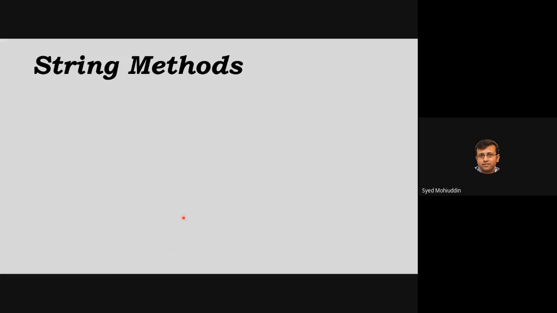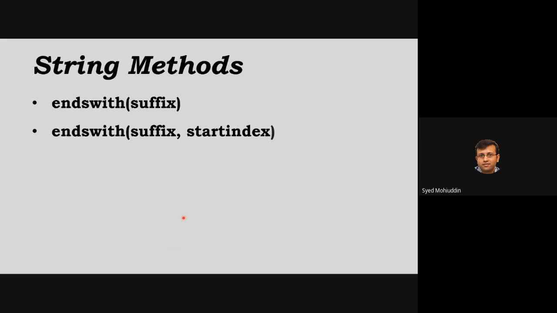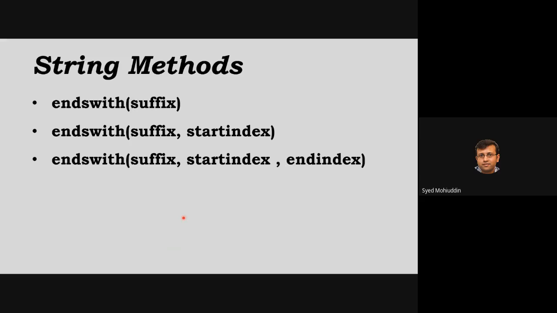Now there are other methods also, endswith, where we can provide a substring, or what we say a suffix. The purpose of the endswith method is that it will return true if the string ends with that suffix.